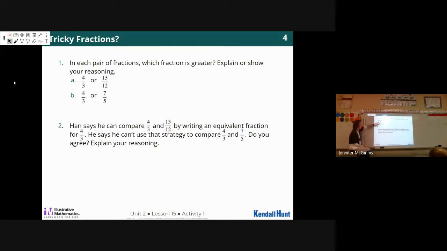In each pair of fractions, which is greater? Explain or show your reasoning. So look at letter A. What are we going to do to figure out on letter A which one is bigger? You may write very small up at the top of your notebook. Go ahead and open to the next blank page in your notebook.